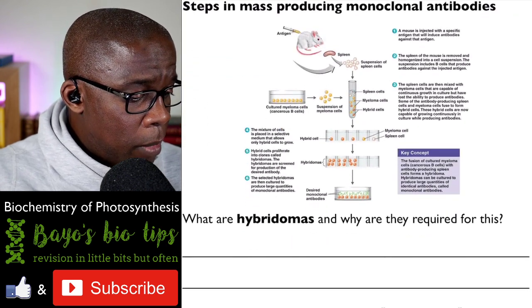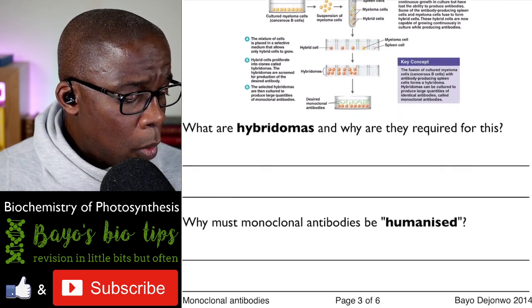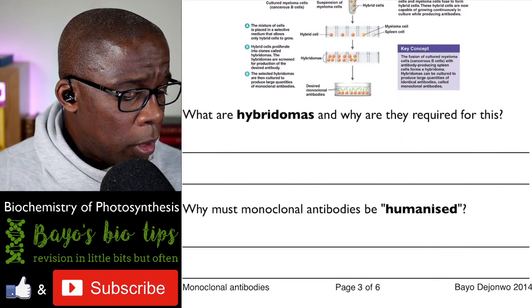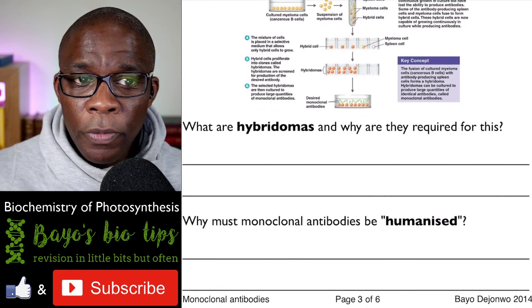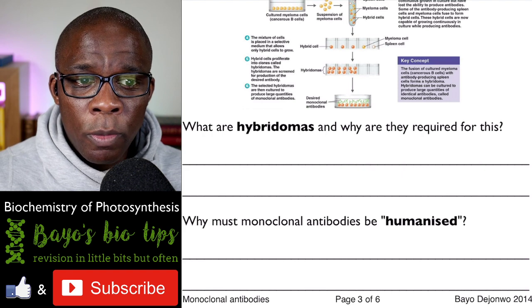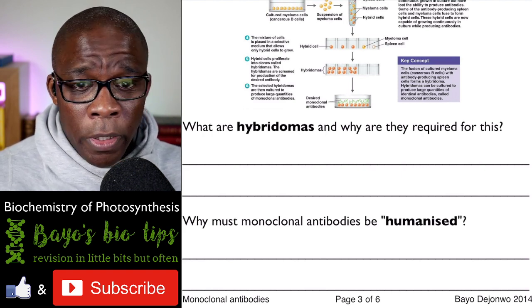So steps in mass producing monoclonal antibodies. So one of the things we're going to be looking at is the idea of hybridomas. And we're going to think about what hybridomas actually are and why they're required.